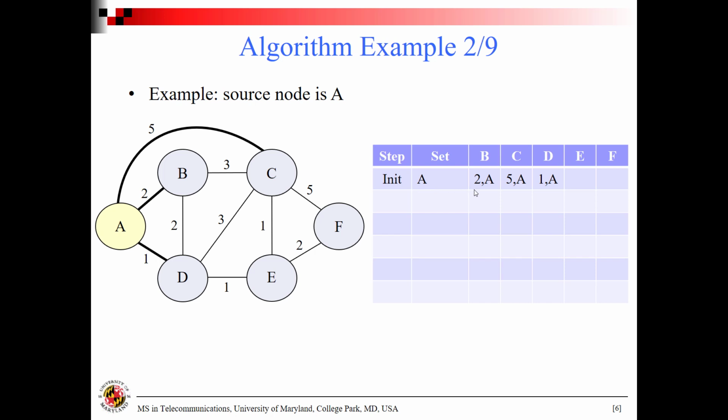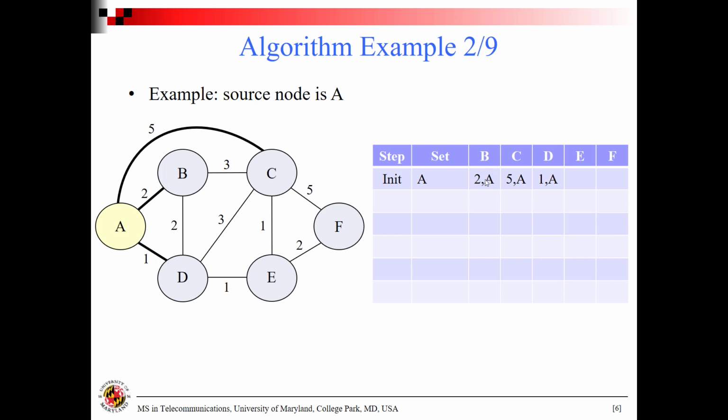So therefore, the current best path to node B will have a cost of 2. And then the predecessor node on that path from A to B will be the previous node, which is node A.